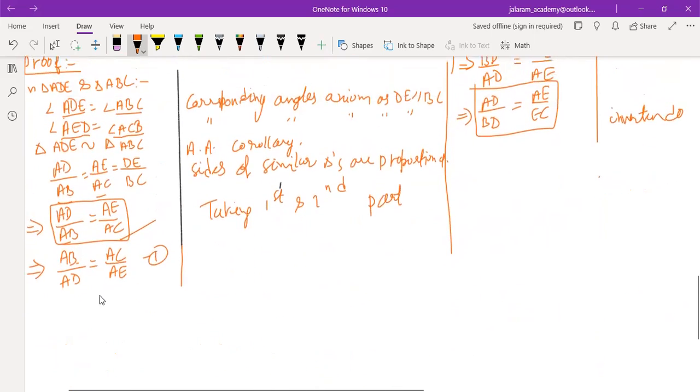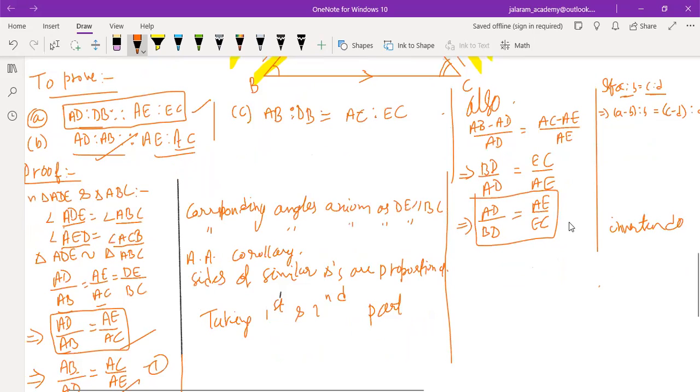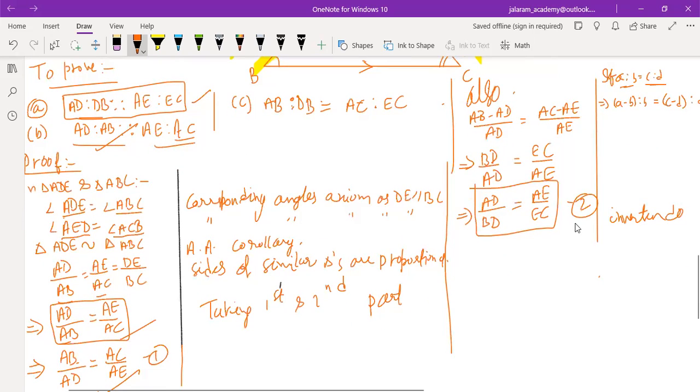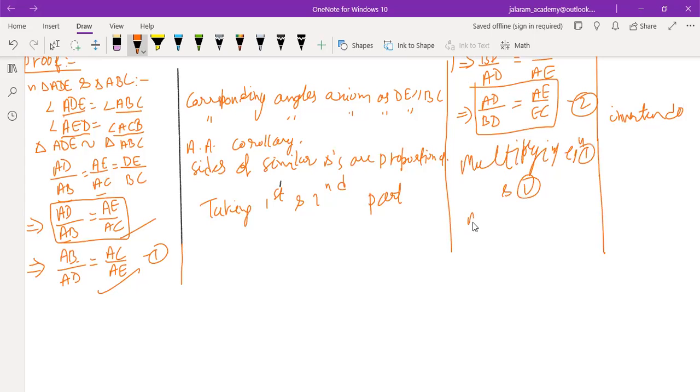And this is the second part, and one more is also there. If we multiply these two equations, we will get the third statement. Multiplying equation 1 and 2, first we multiply the left hand sides.